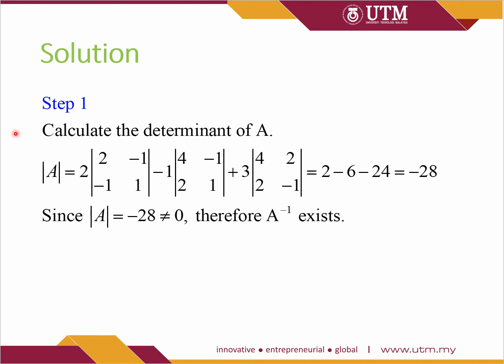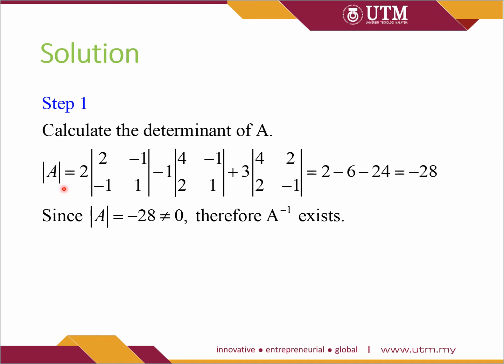First of all, you need to calculate the determinant of A. To find the determinant of A, it is A11 times minor M11, minus A12 times minor M12, plus A13 times minor M13.